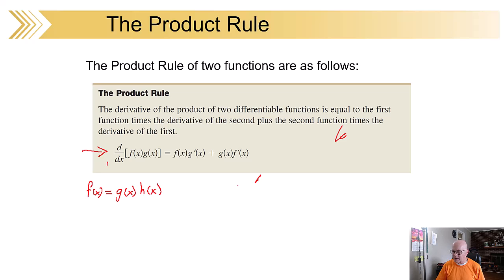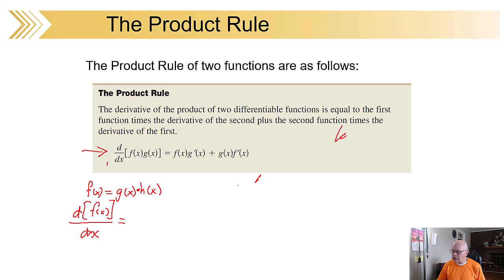This is slightly different, but this is the one I used on the board the other day, so this is what I'll stick with. So we've got a function that's composed of two others with multiplication, and we want the derivative of that composed function, and we'll just keep it simple with respect to x.